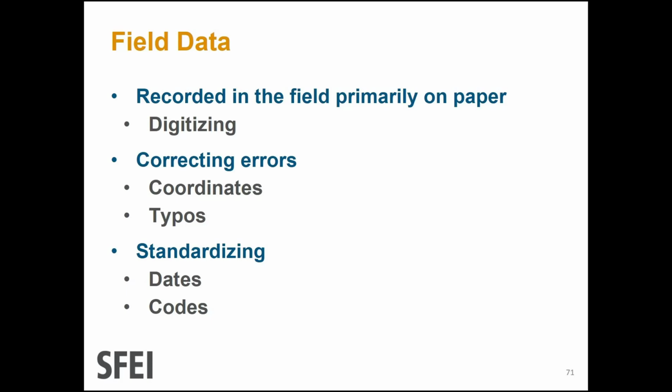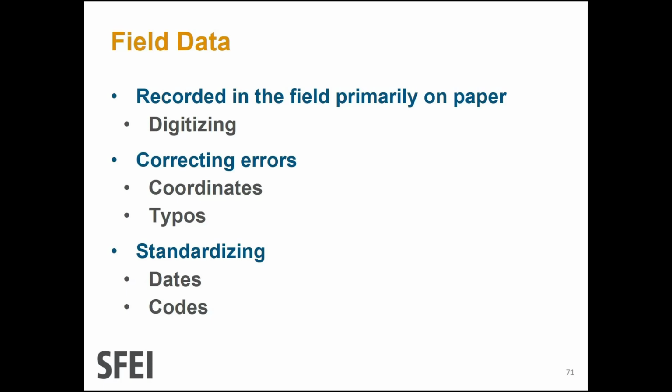It's recording data into spreadsheets and tables so that they can be stored and combined with your analytical data later. Part of this process is correcting errors. You'll have typos either in the handwritten information or in data entry. It's also truth checking things like coordinates, mapping them, making sure that they make sense, that they match up with where samples were actually taken.